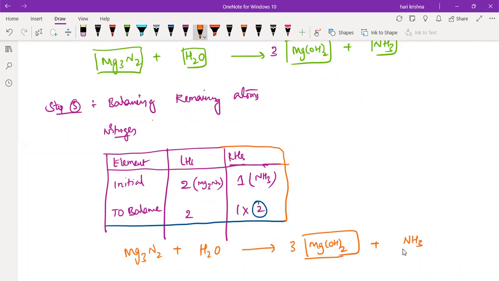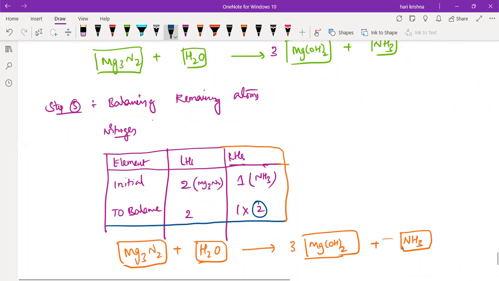So NH3, how much do you have to multiply? You have to multiply with 2. Okay.